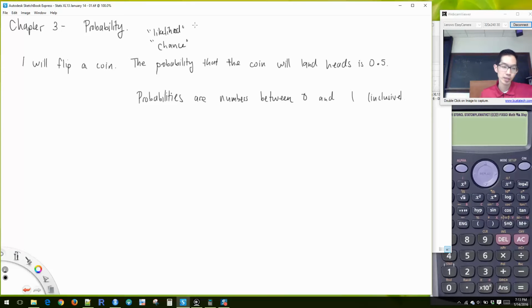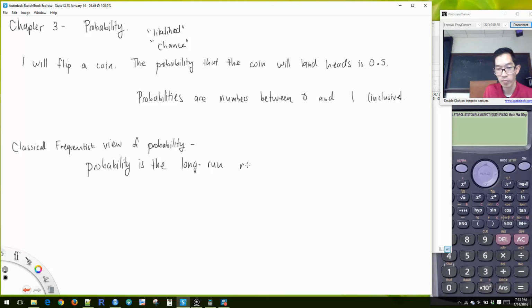Okay, and so, well, in our class we take this classical frequentist view of probability, which is, probability can be thought of as the long run relative frequency, okay?